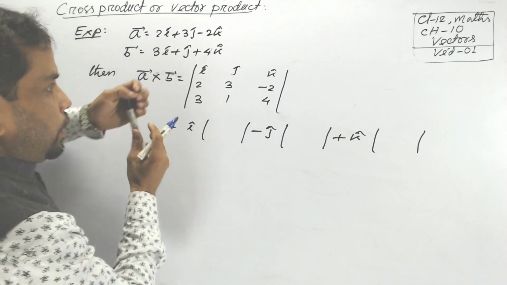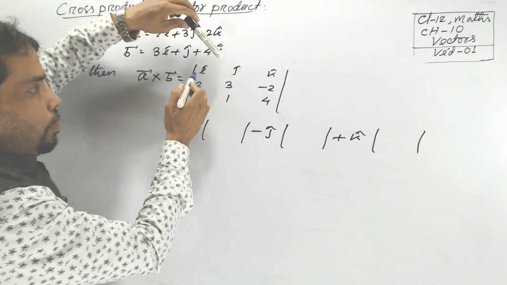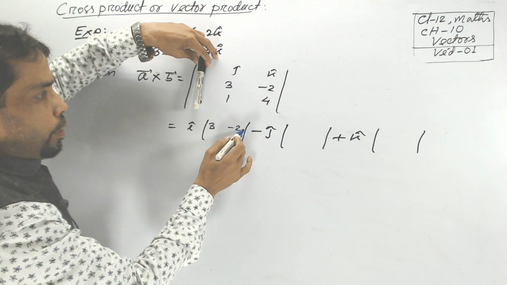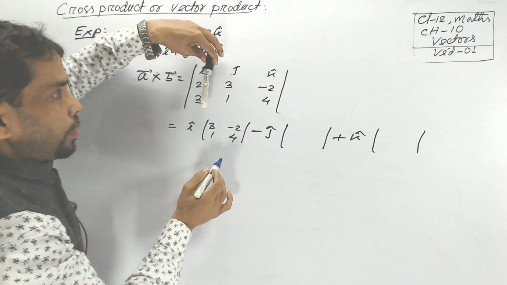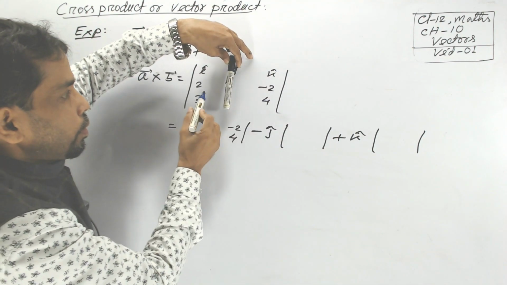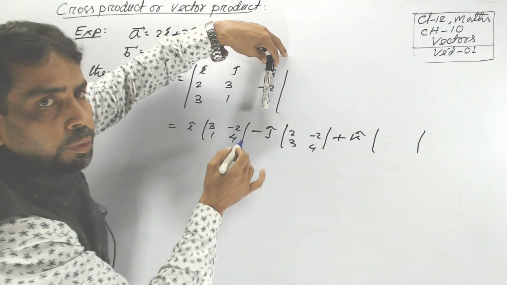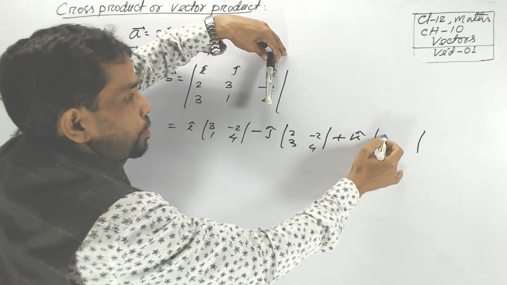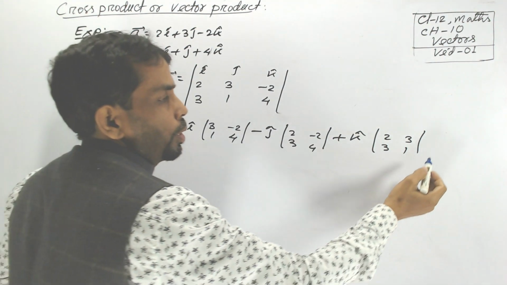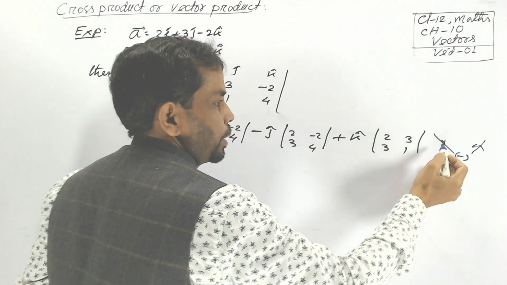For i, you close the row and column containing i. The remaining makes a second order determinant. For j, you close its row and column, and the remaining is 2, minus 2, 3, 4. For k, again close in the same way, and the remaining is 2, 3, 3, 1. These are all second order determinants. We know how to find them by multiplying cross-wise and subtracting.